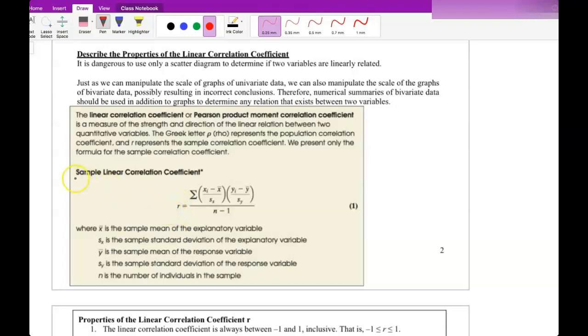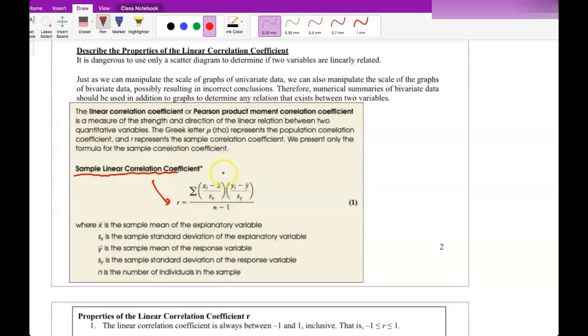What we have here is the sample correlation coefficient, shown with R. Here, these x's are data values, and also the y's are values. So these two are data values. And also this n is the sample size.